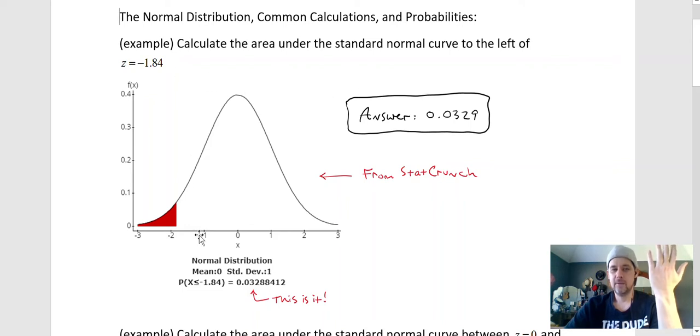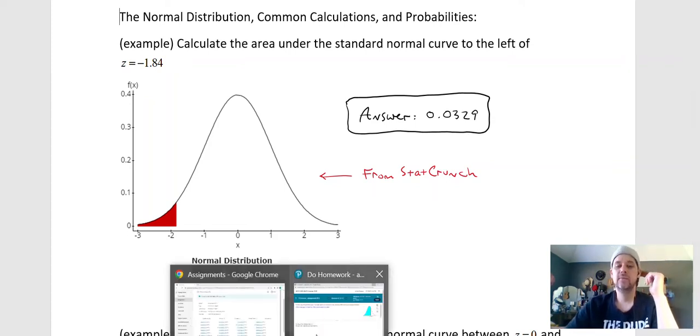Here it is: z being negative 1.84 is about right there, a little bit to the right of negative 2. Highlighted in red is the area under the curve that we're talking about, and it happens to be about 0.0328 or so, 0.0329 if you round it. Here's how I got that number.